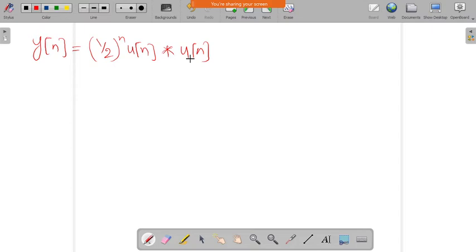Try to do this one. First take any one as x of n and the other as h of n. Let us take this one as x of n and this one as h of n, and try to do this.